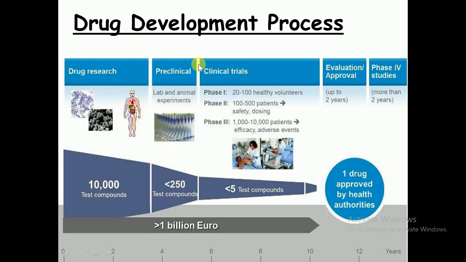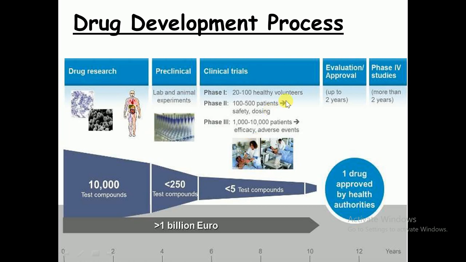After the preclinical study, we need to file an IND, that is an investigational new drug application. After the clinical trial we need to file an NDA, that is a new drug application, and after this CDSCO, the Drugs Controller General of India, will give permission to market the drug by weighing the material provided by the overall drug research, preclinical and clinical trial studies.